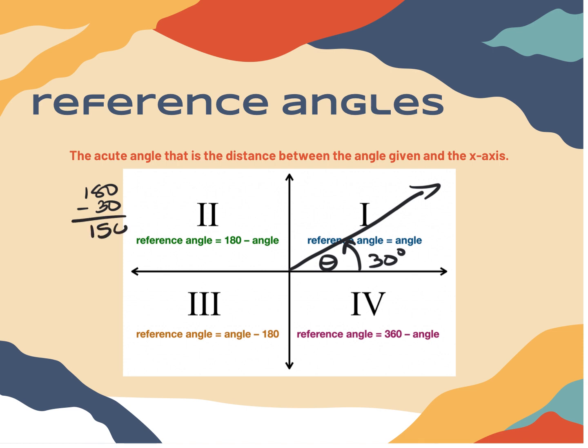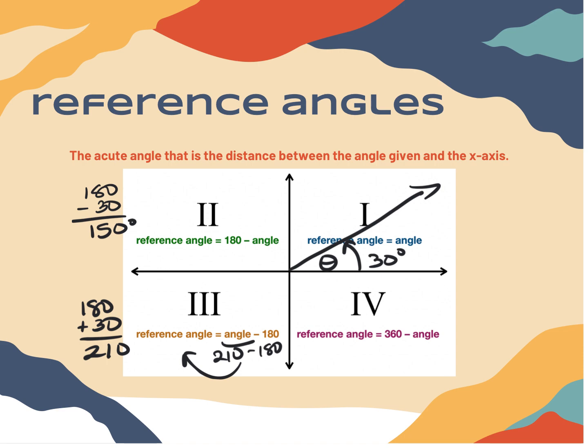And then in quadrant 2, the angle is going to be 150. In quadrant 3, I'm going to take 180 and add the reference angle, and I would get 210. So what you do is you take the angle, so like here it would have been 210 minus 180, and that would give you your reference angle.